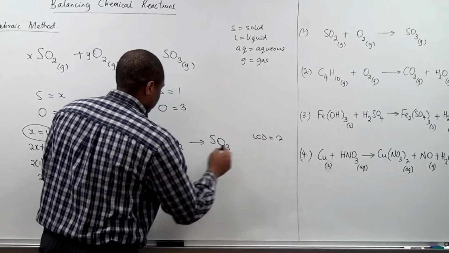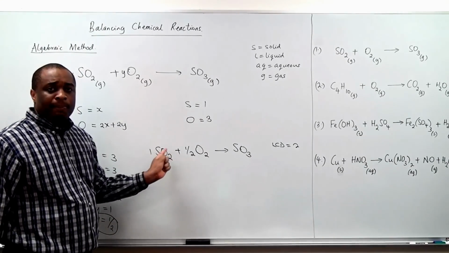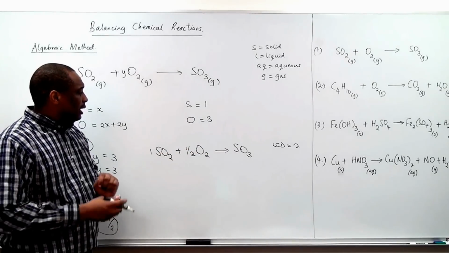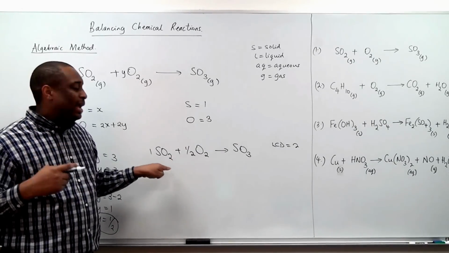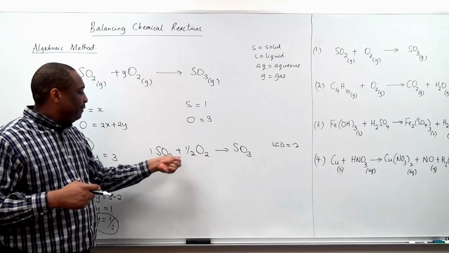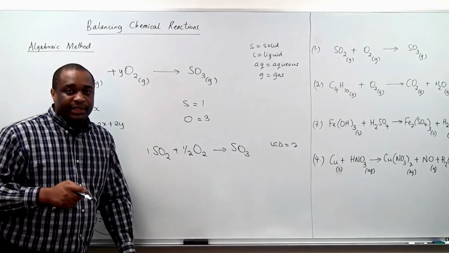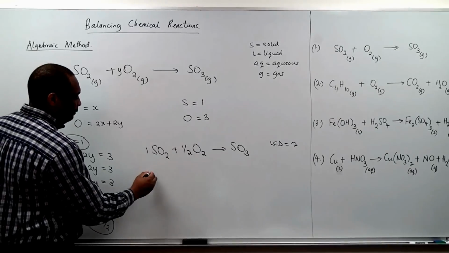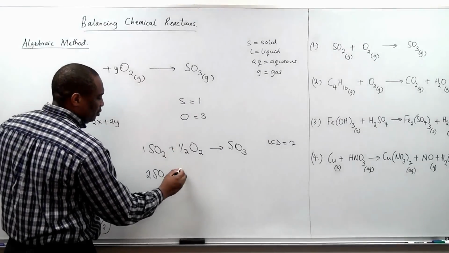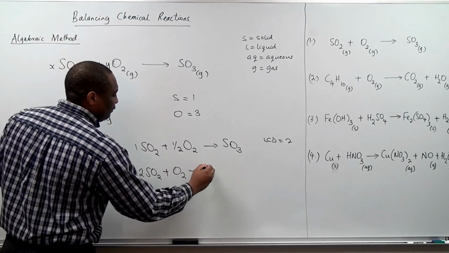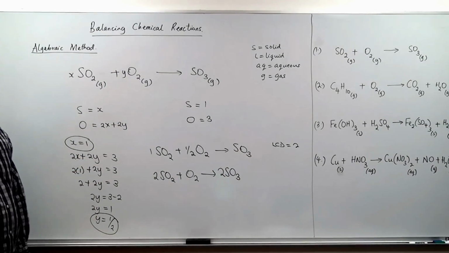You want to clear this fraction, so you multiply every term by 2, each of the reactants and also the product. When you do that, you now have 2 SO2 plus 2 times half is 1 O2 to give 2 SO3. And this becomes balanced.